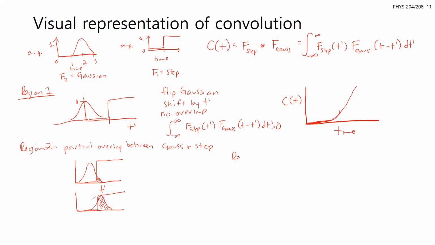So there are values in between here. This is going to keep increasing as it shifts over. And then the last region we have, well, here in region 2, the convolution is going to be proportional to the amount of overlap between the two, so we're going to see an increase in the convolution. And then the final region, region 3, is when there's complete overlap between the two.